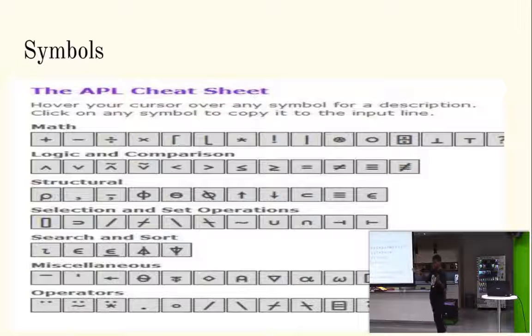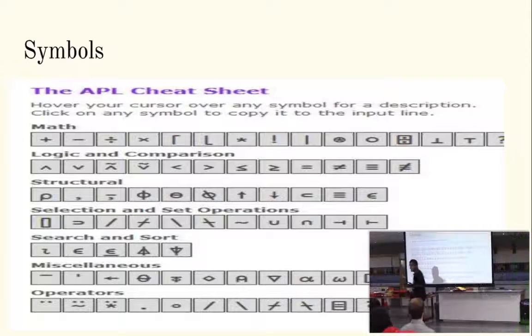It's actually divide and times from maths. The slash means something else in Dyalog. The circle you have there is pi. The asterisk stands for to the power of. And let me pick an interesting one.